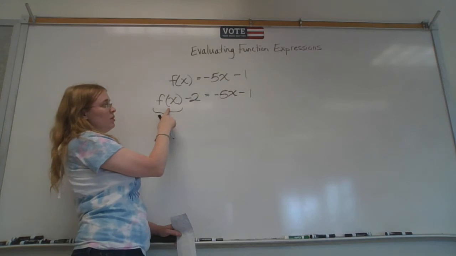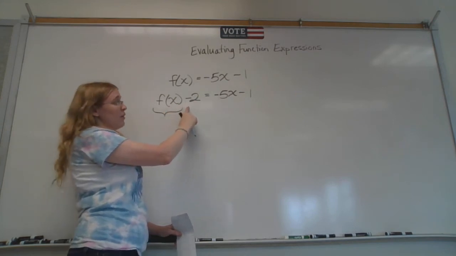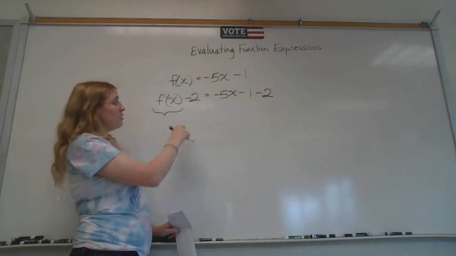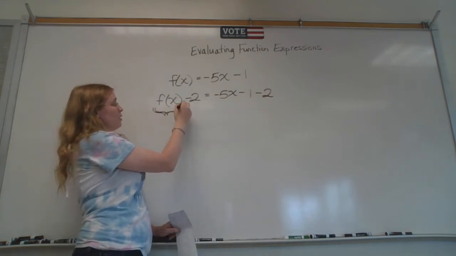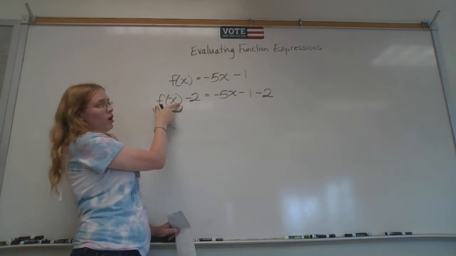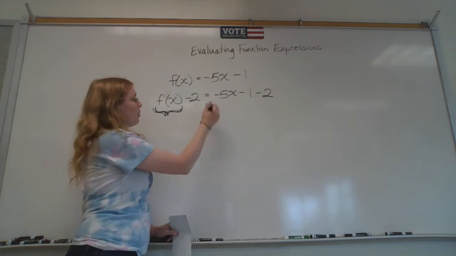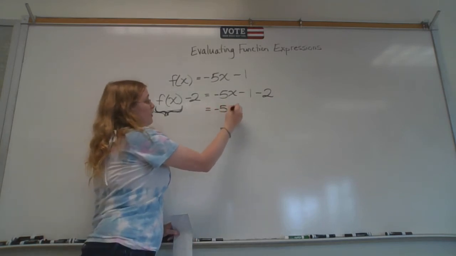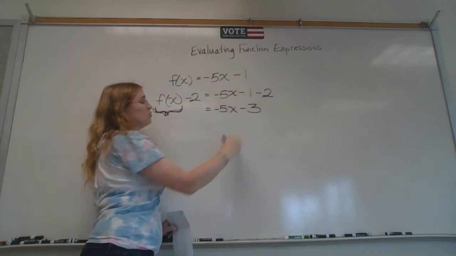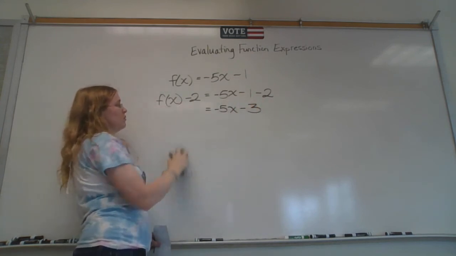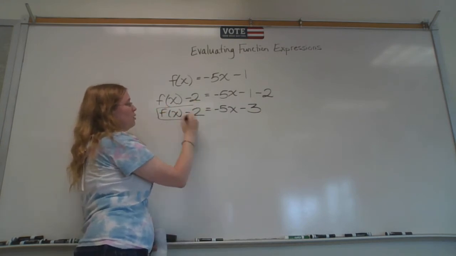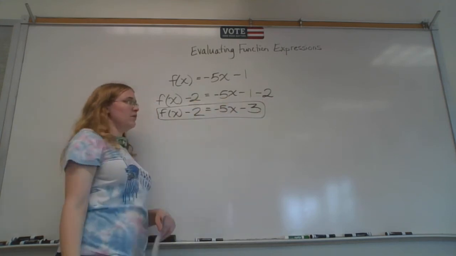That's your f of x part. And then, after you have all that, we have minus 2. That just gets tacked onto the end because it is not part of the f of x thing, which is not disturbed at all by that minus 2. So then you have negative 5x, and then minus 1 minus 2 gets me to negative 5x minus 3. So f of x minus 2 is negative 5x minus 3.